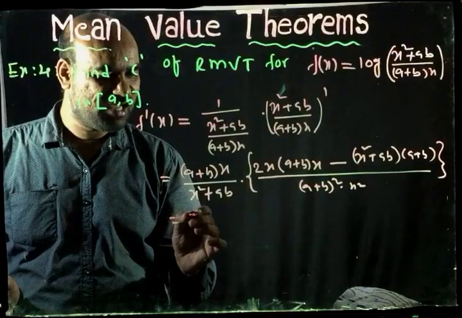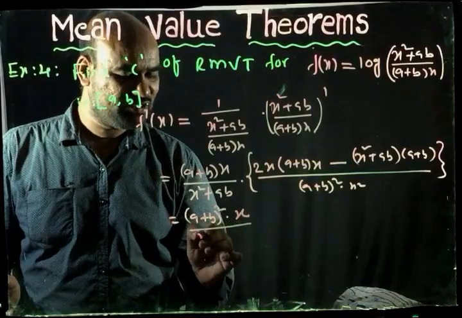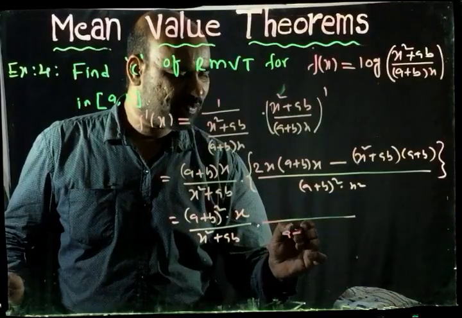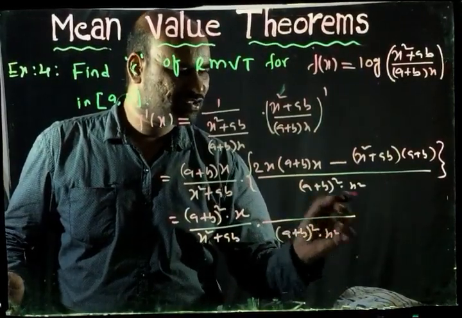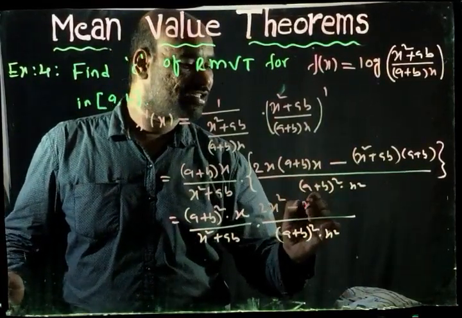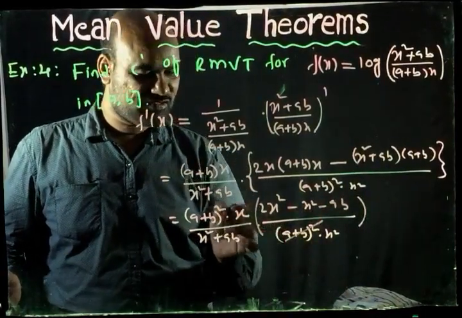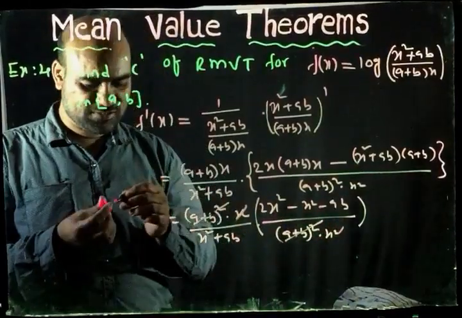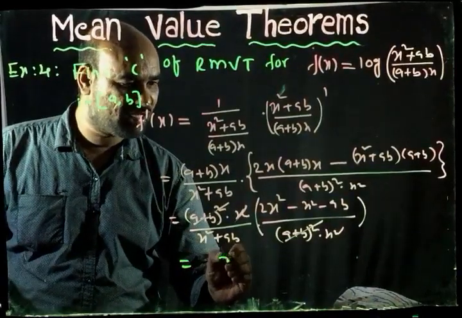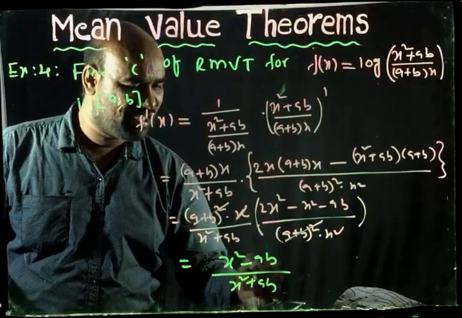I can say (a plus b) whole square into x by (x square into a plus b), over (a plus b) square into x square. So 2x into x is 2x square, minus x square minus ab. This gets cancelled, one x gets cancelled. So what I got here: f dash of x equal to (x square minus ab) by (x square plus ab) into 1 by x.